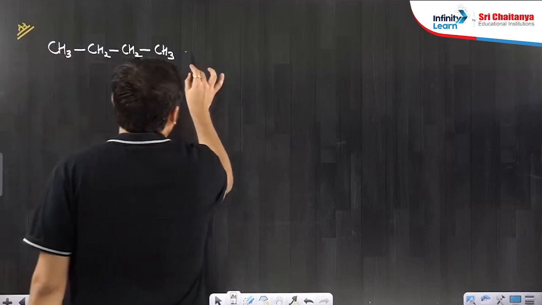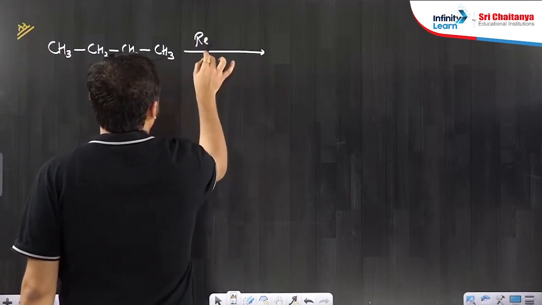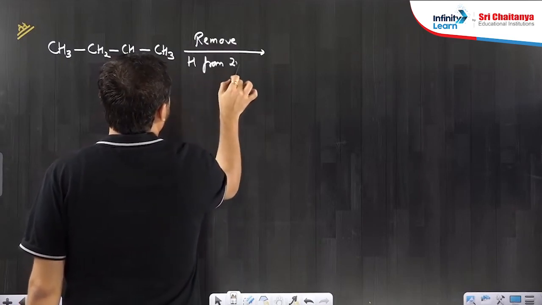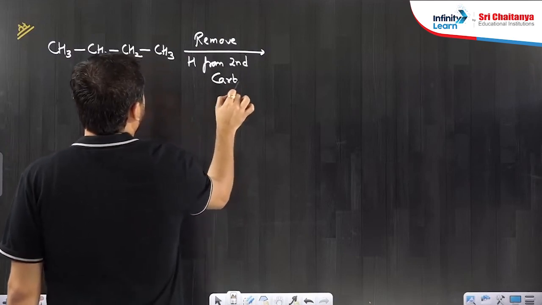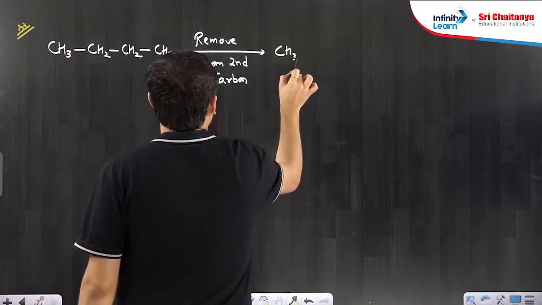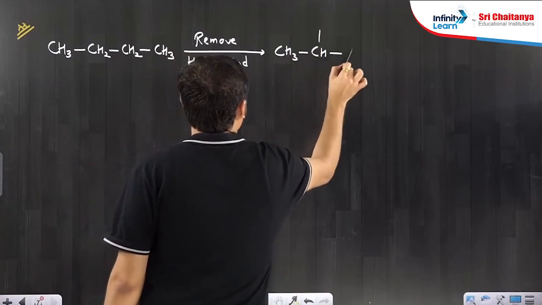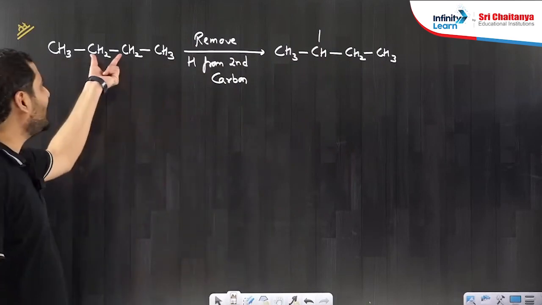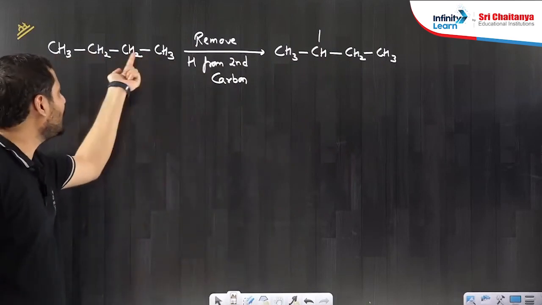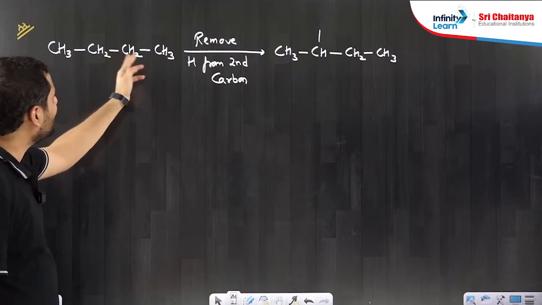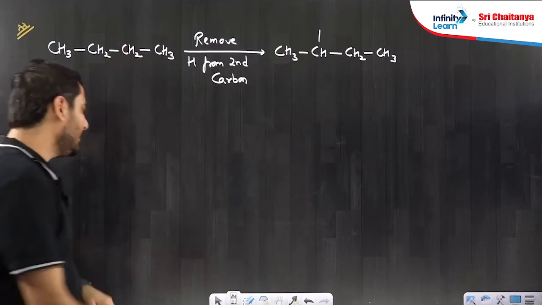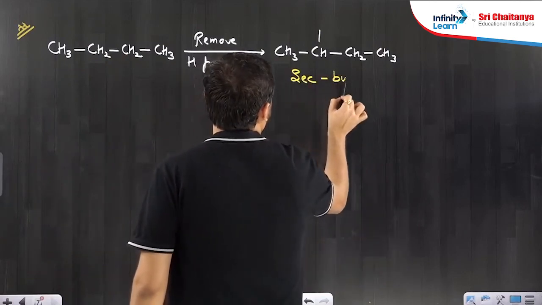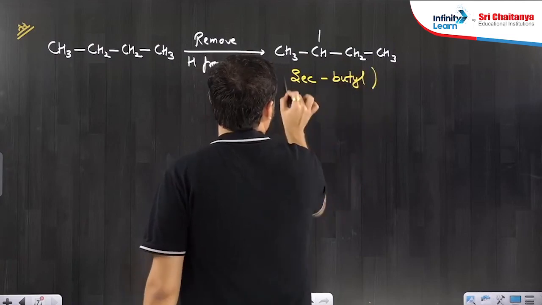But if we remove hydrogen from the second carbon, then what do we get? CH3, CH, one valency is vacant, CH2, CH3. Now these two carbons are identical, both are second: 1, 2, 3, 4, 1, 2, 3, 4. So if we remove hydrogen from any of the middle carbons, it is called secondary butyl.